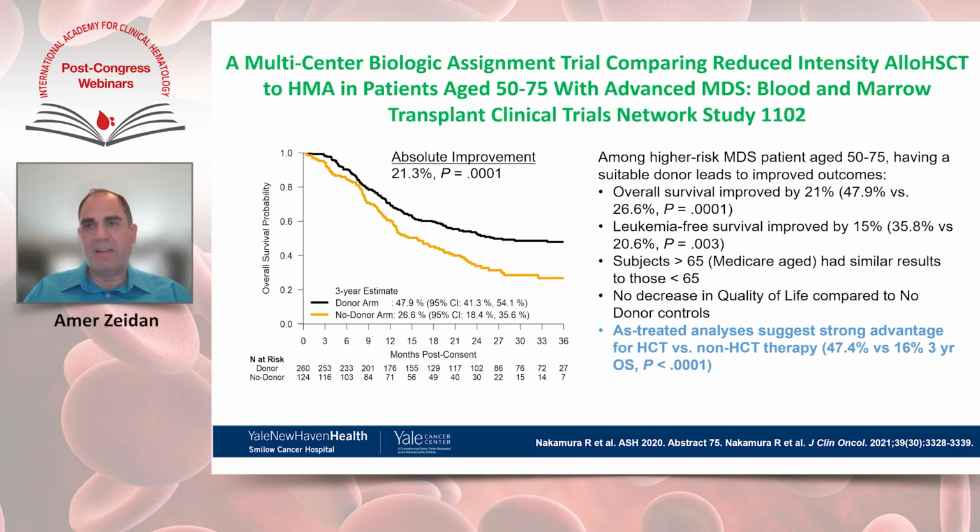And it continues to be, I think, underused. Sometimes the patient would be in their late 60s, and some of the community doctors think they are too old for transplant, which is no longer the case in the US, and I believe in many parts of Europe. Those patients, if they are otherwise in good shape and they have donors, should be considered for transplant.